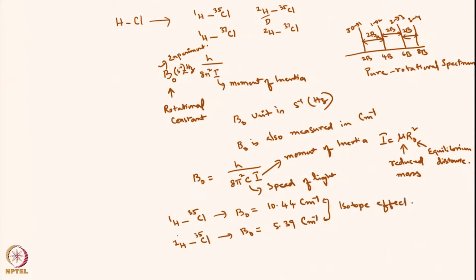Now, let us use this and try to evaluate the equilibrium length of the HCl molecule or DCl molecule. We know that B naught in centimeter inverse is given by h by 8 pi square c I, which is also h by 8 pi square c mu r naught square.